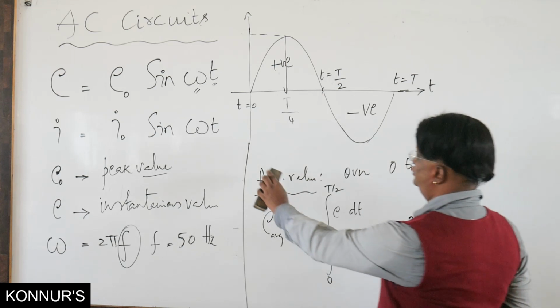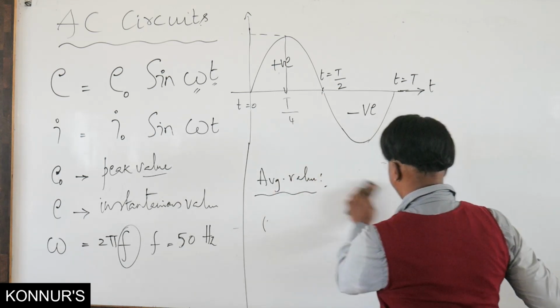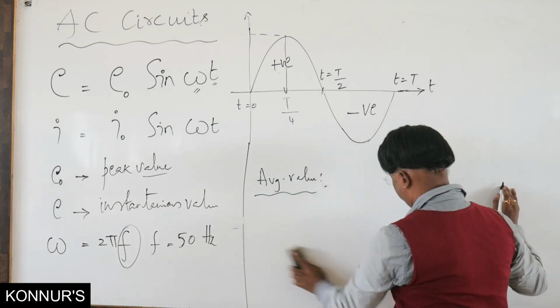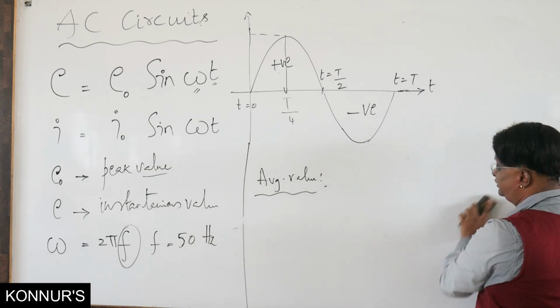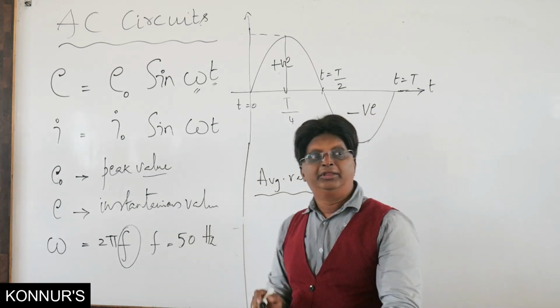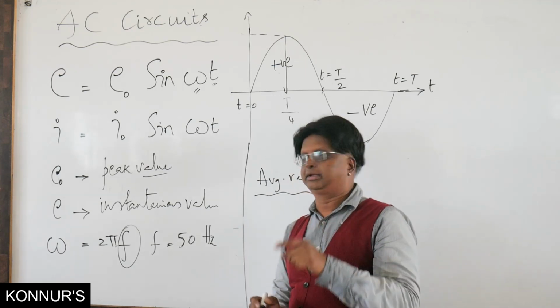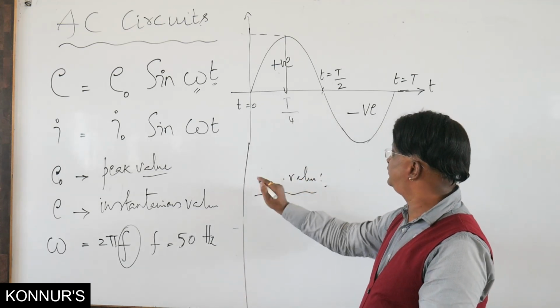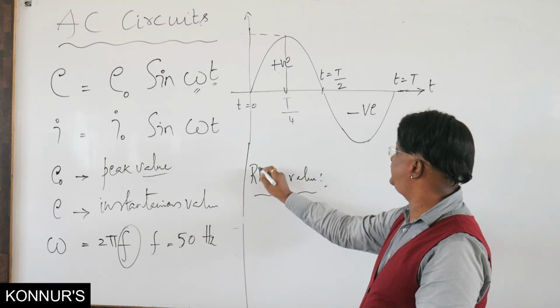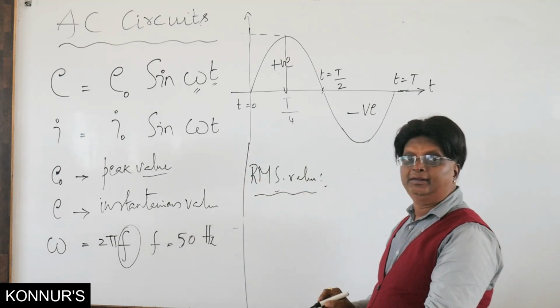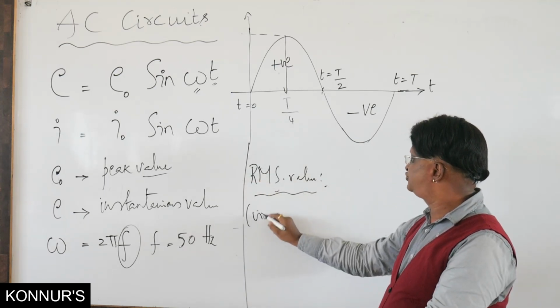Other than average value, we also make use of RMS value, because average value turns out to be 0 during a complete cycle. Therefore, now we are defining RMS value over the complete cycle, which is otherwise also called virtual value.